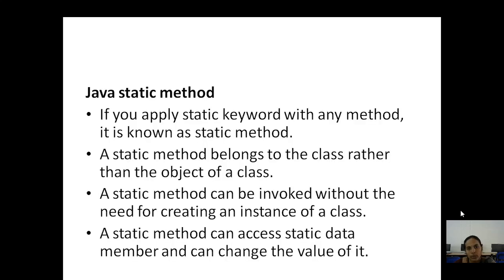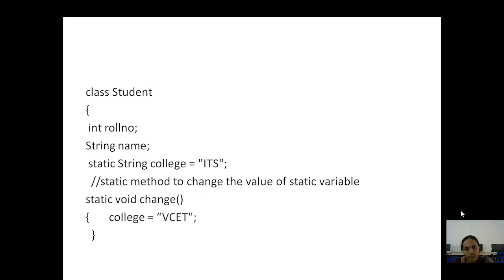In the same way, we can make a method static. When we want a static method, we use the static keyword before the method. That is called a static method. The static method can be invoked without the need for creating an instance of the class. Once we declare the method as static, we don't create an instance of that class.